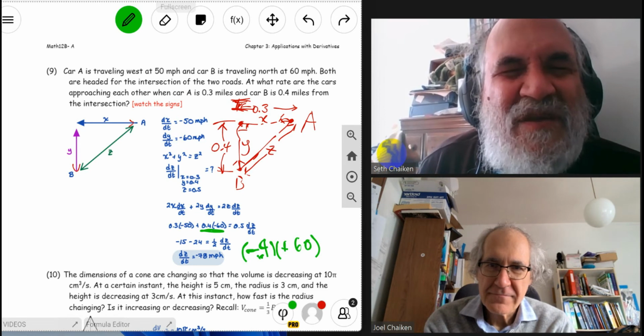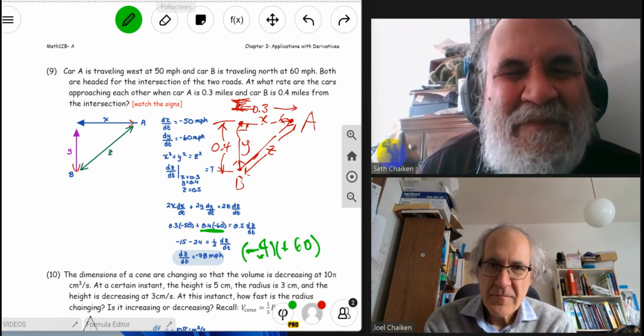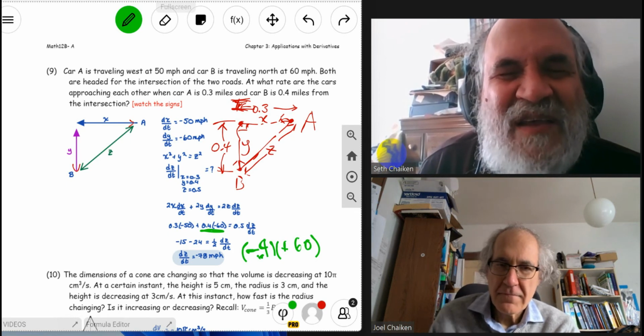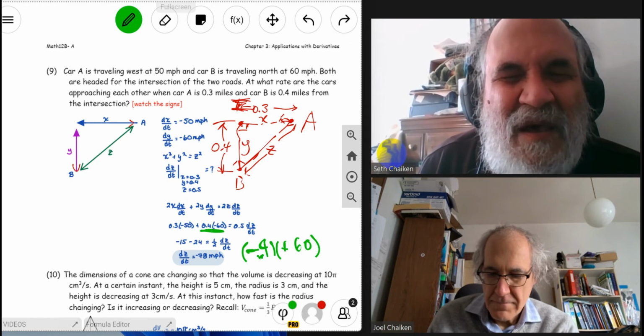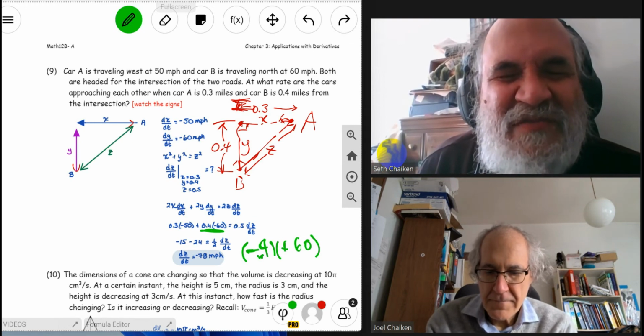Imagining the motion, clearly the cars are approaching. Z is decreasing in time. Now this is calculus. The rate of change of a quantity with respect to a differentiation variable, in this case time, is called the derivative.